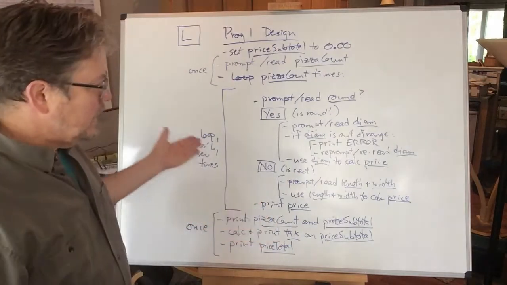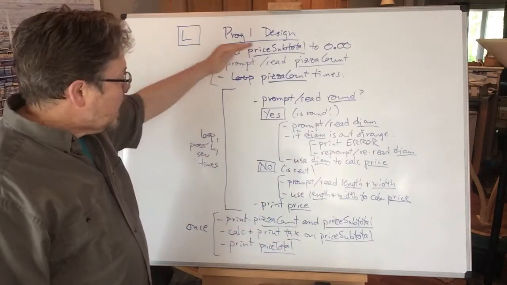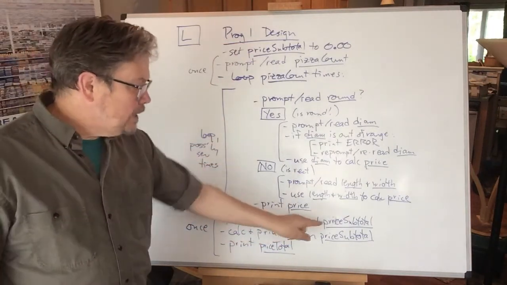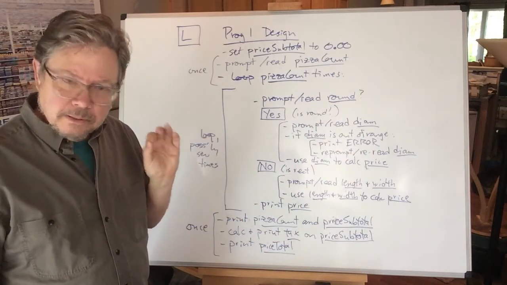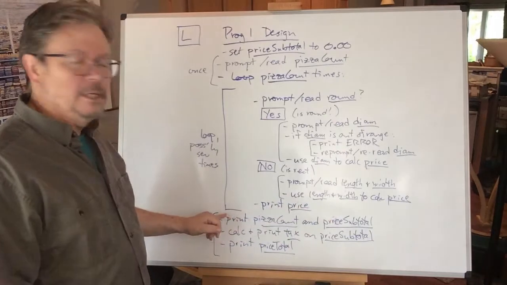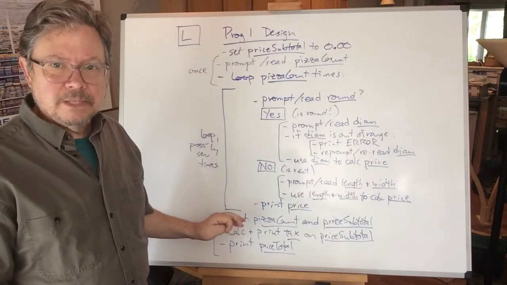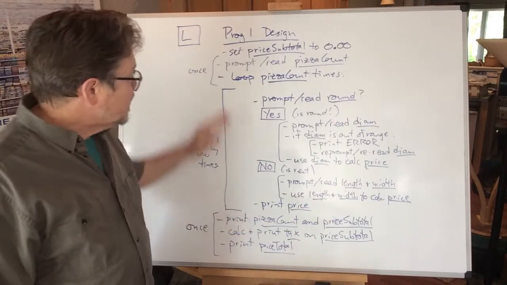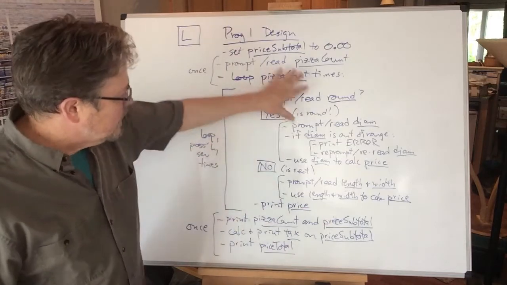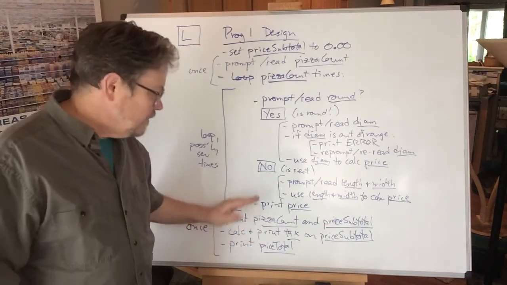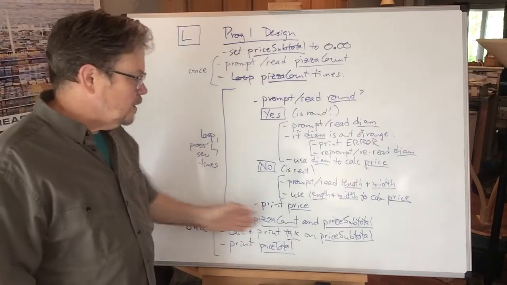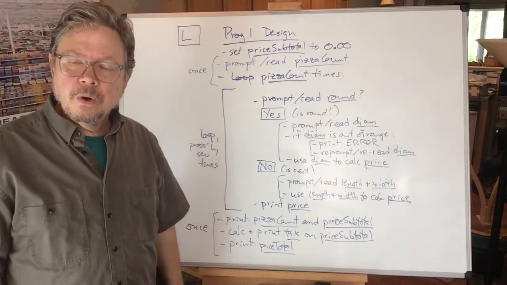What do I want to add up here? I want to add up all the pizza prices to get a subtotal of all the pizza prices. It's only a subtotal because I haven't taxed it yet. But I got to add up all the pizza prices that I calculate as I go through here. And then, by the time I fall out of the loop, price subtotal is ready to roll.